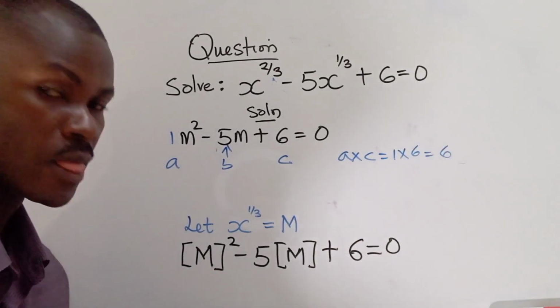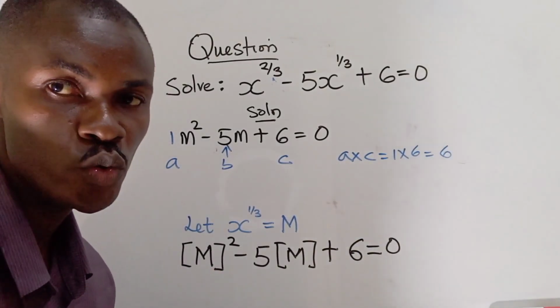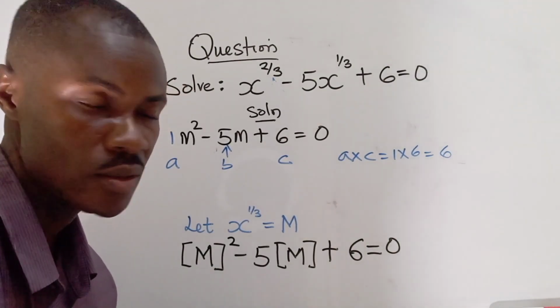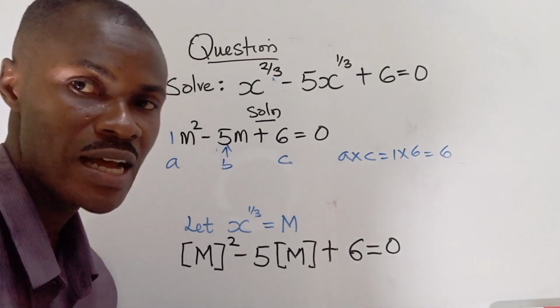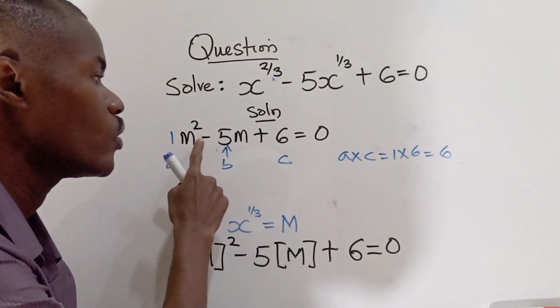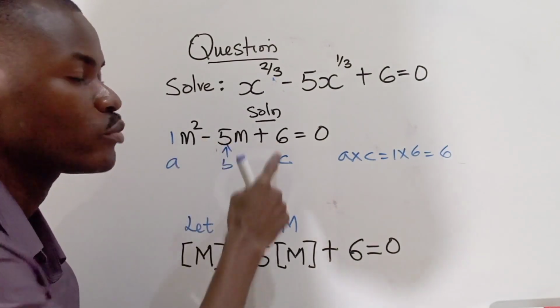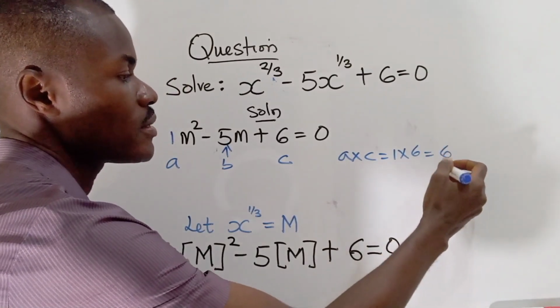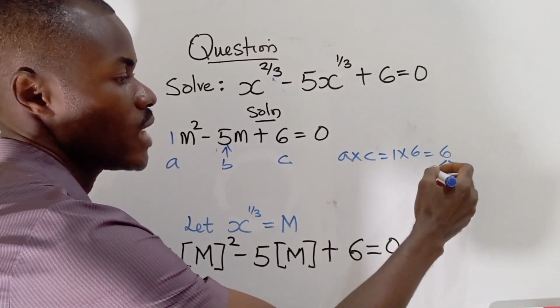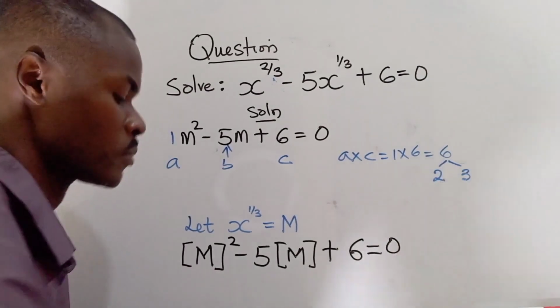Now you want to look for two numbers that are factors of 6, such that their sum is going to give you minus 5 and their product is going to give you 6. Of course, you can use 2 and 3.